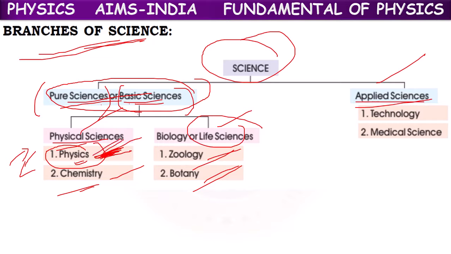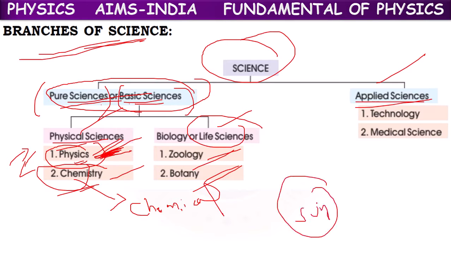It studies all these things. Whereas chemistry studies the chemical composition. The chemical composition means what is inside the sun, which chemicals are present inside the sun. It studies chemical properties.